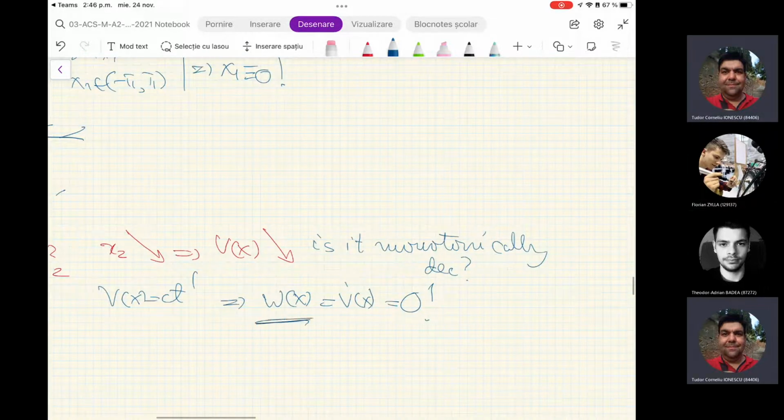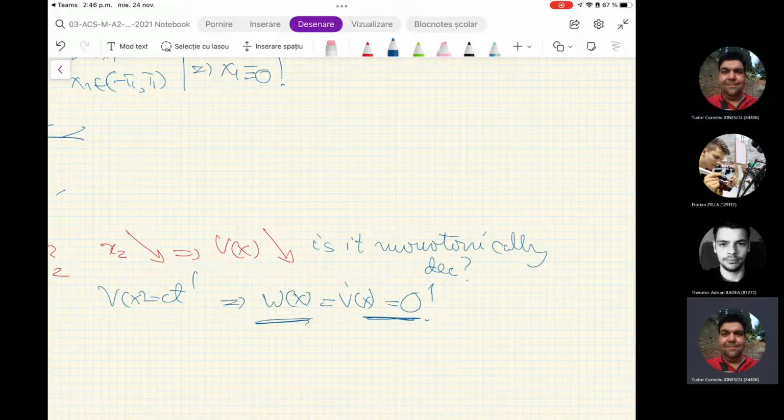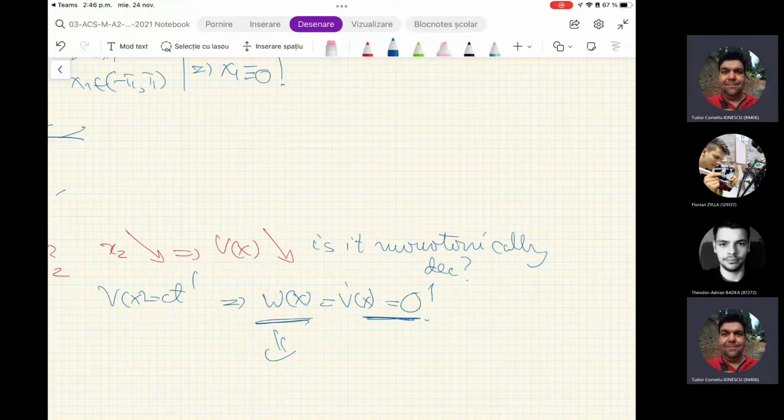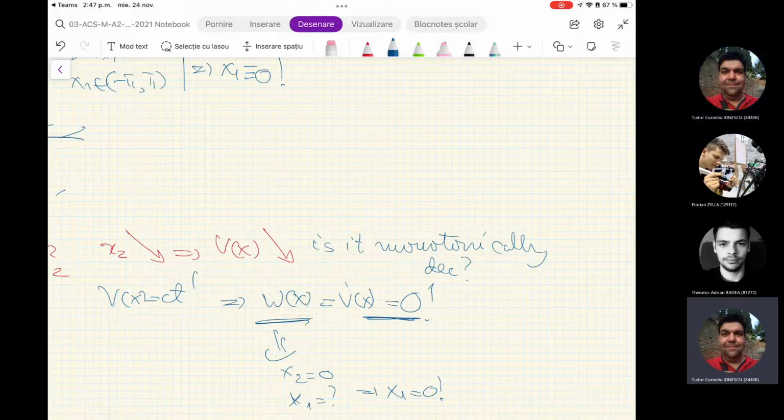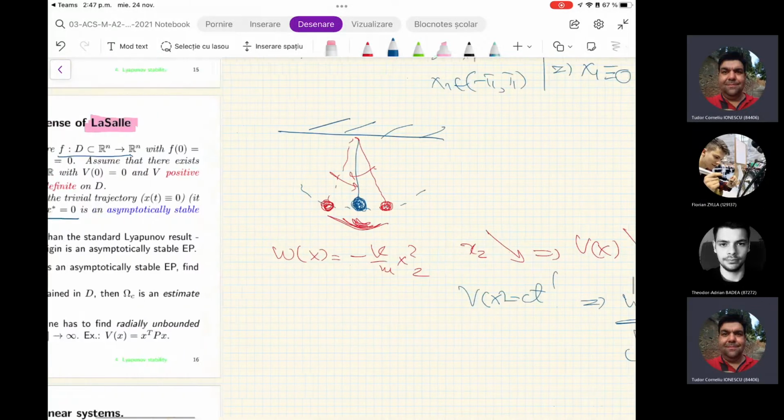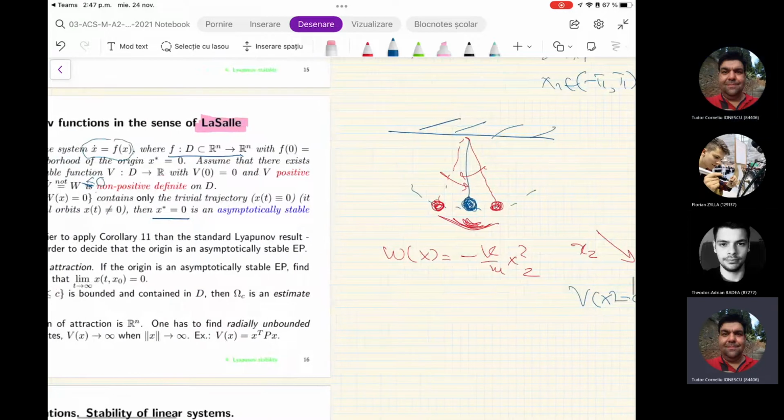So let's see where W of x is 0. W of x is 0 means that the energy is constant for x2 equal to 0, so no speed, and x1 equals what? Well, x1 equals also 0. So the only trajectory where the energy is constant is the origin itself.